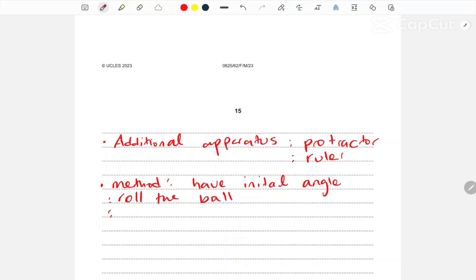But then one problem is the ball could bounce. If the ball bounces, then the measurements would be inaccurate. So one way to prevent this is we can make sure that the ball lands on sand. So we can have a sand surface for the ball to land on.